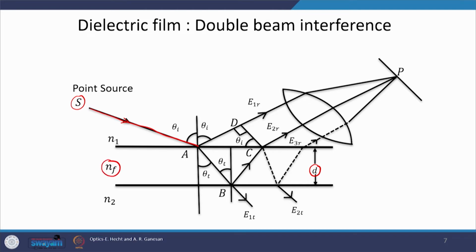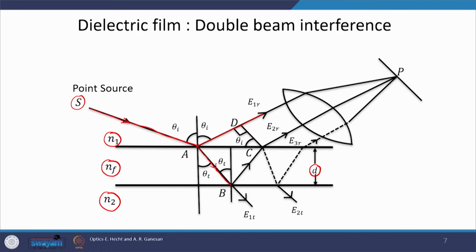The medium above the thin film has refractive index N1, while the medium below the thin film has refractive index N2. Now, when the wave strikes at point A on the first interface, a part of this wave will be reflected, while a part will go inside the film, which we call the transmitted wave.